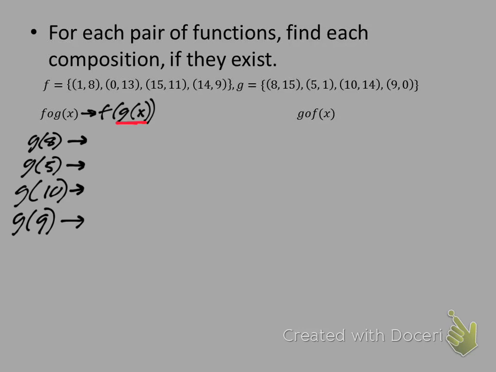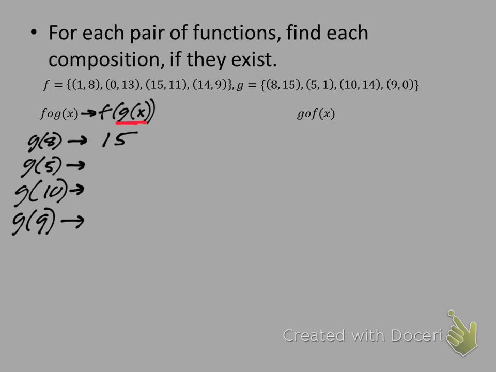If the x's are the x, g of x would be the y's. If x is your domain, f of x is your y's, g of x is your y's. So g of 8, if 8's the x, its y is what? 15.